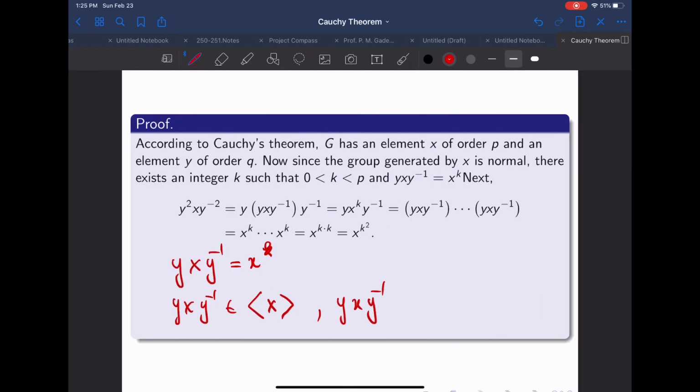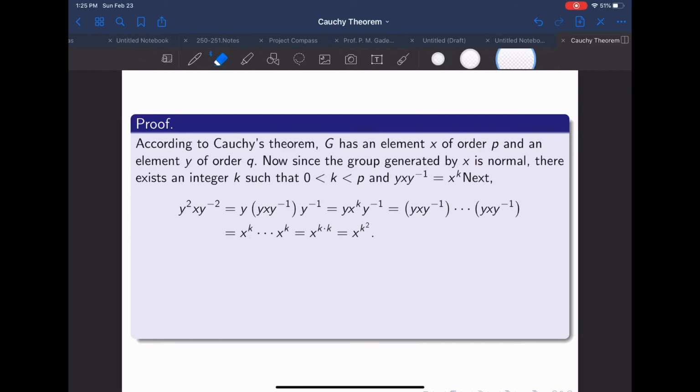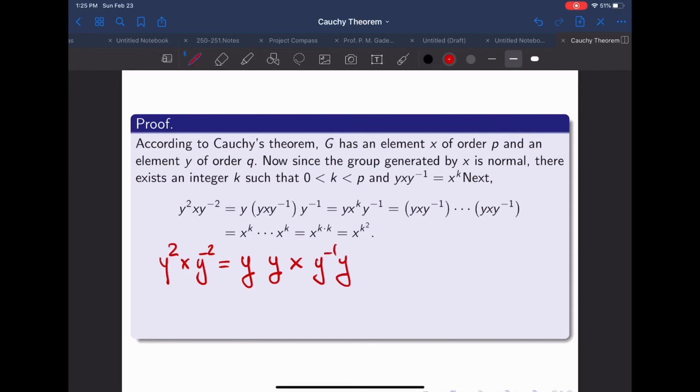Now, let us take a look at y squared x y to the negative 2. Well, you can rewrite this as y times y x y inverse times y inverse, and let us just look at the inner group, this here. Well, by assumption, that's y x^k y inverse, right?